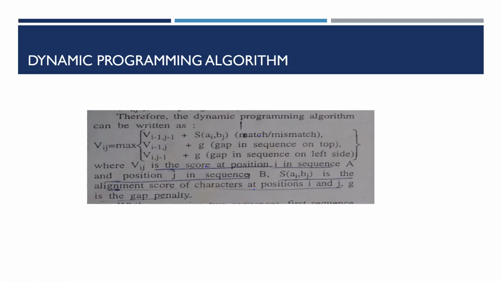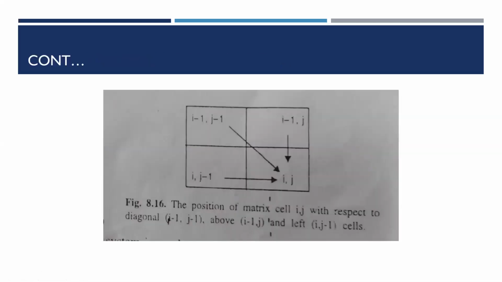I'll go back to the previous slide for a while. Yeah. So here I explained to you that if you want to fill the alignment score in this particular cell, it is required to know the values in these 3 positions.